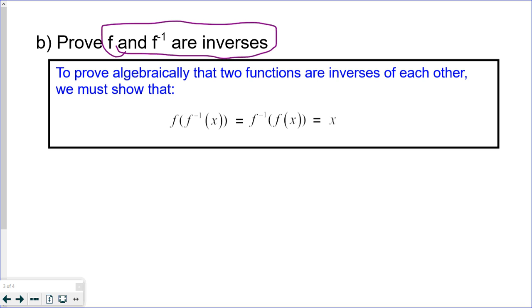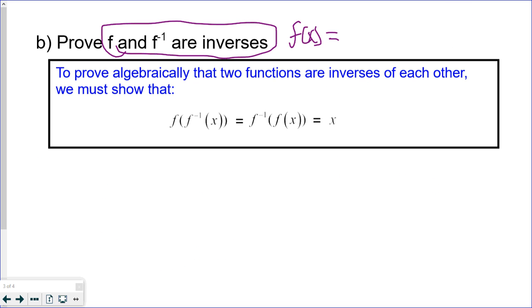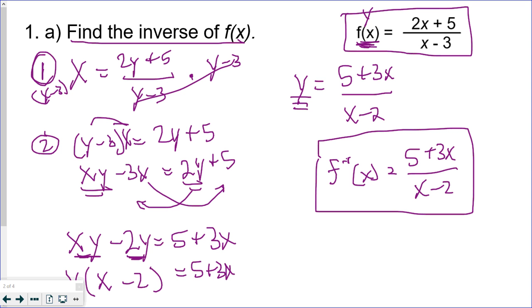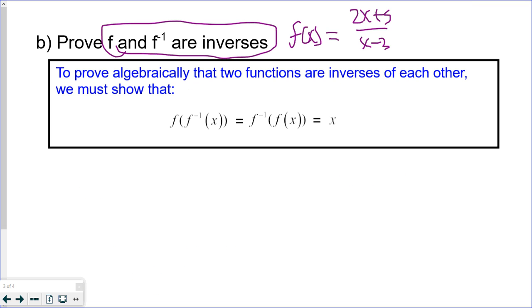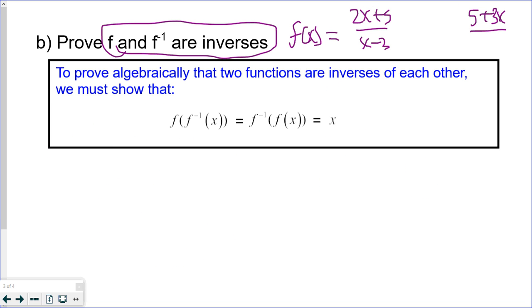So let's refresh ourselves. F of x that we started off with, and in fact, I'm going to have to go back and look, was 2x plus 5 over x minus 3. And the inverse function that we found was 5 plus 3x over x minus 2.